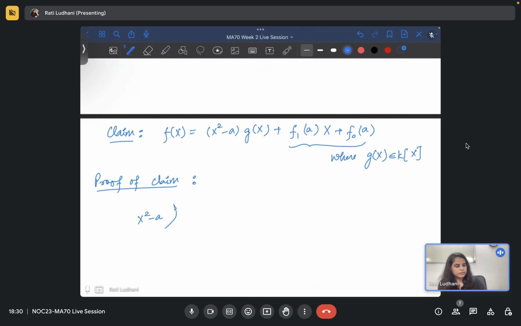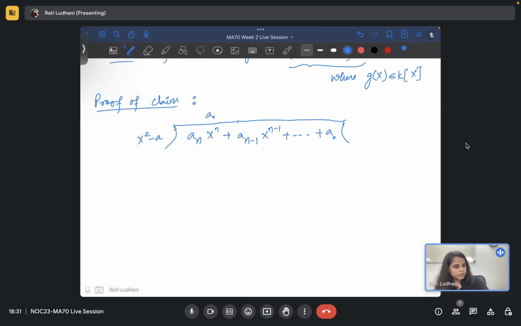If you divide, you will get, if I write a_n x raised to power n, a_(n-1) x raised to power n minus 1, up to and so on, a_0. So when I divide this, I'll do at least one step, at least two. You will multiply by x raised to power n minus 2. I'm just doing division in the normal sense. You will get a_n x raised to power n minus a_n x raised to power n minus 2.